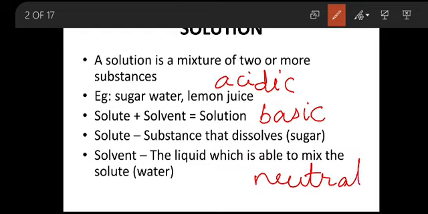Now you're entering a chemistry lab. There are so many solutions present in it. Some may be acidic, some may be basic, or some may be neutral also. How do I find out whether the given solution is an acid or base?